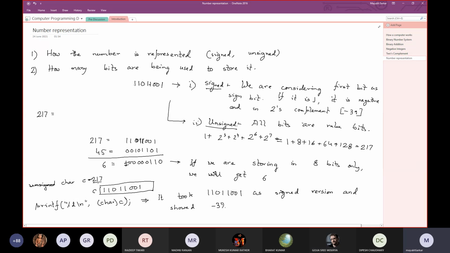In the case of 217, whenever you are writing 217, this bit pattern is going there blindly, right? There is no change in that. But yes, you are right. When you print it back, the compiler will consider this as a signed char now, and yes, minus 39 will be printed.